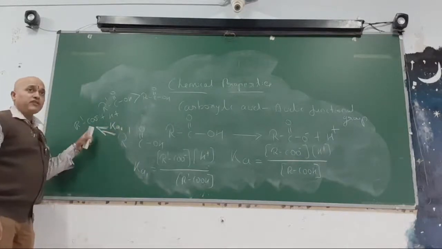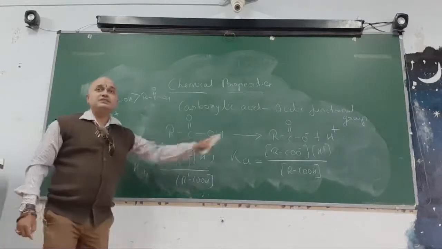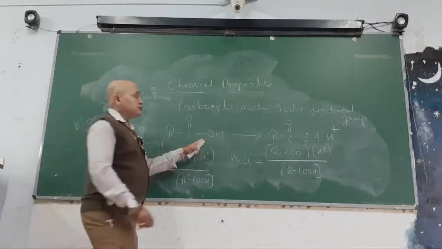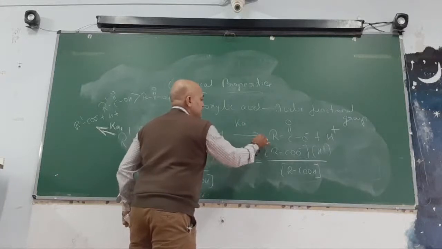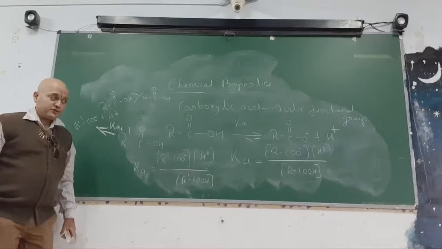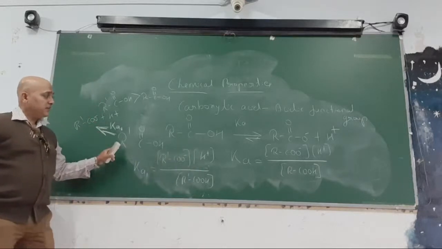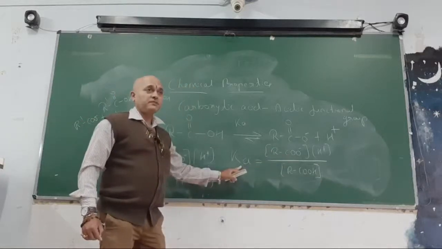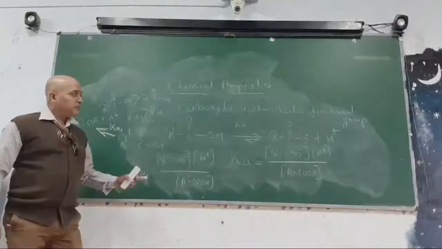So this will be faster, or it will be highly dissociated compared to this one, because this is less acidic. Due to that, this dissociation will be slightly less. So naturally, the numerator value will be larger for this one and smaller for this one. Did you get my point?